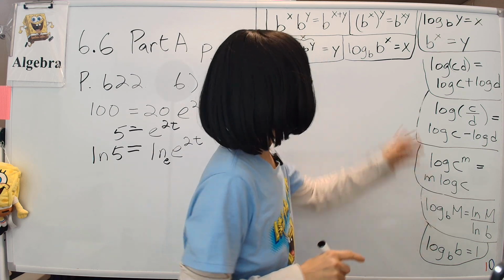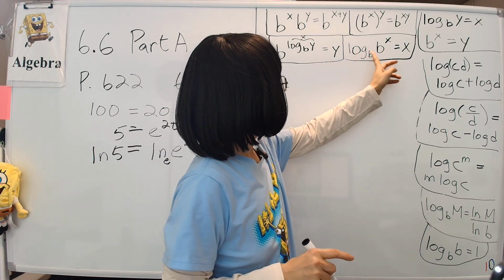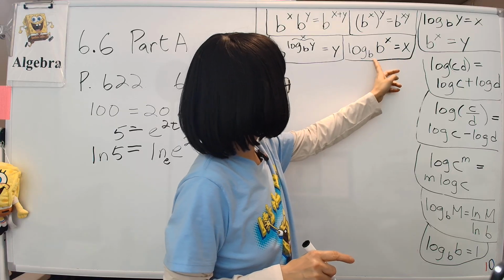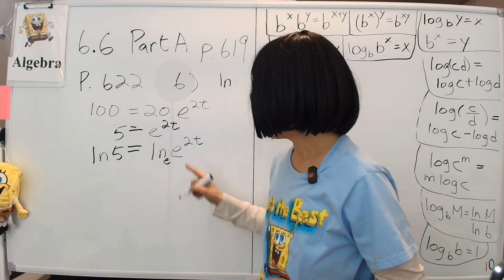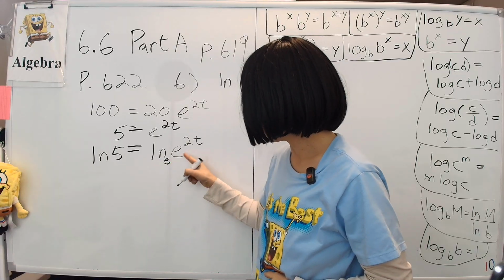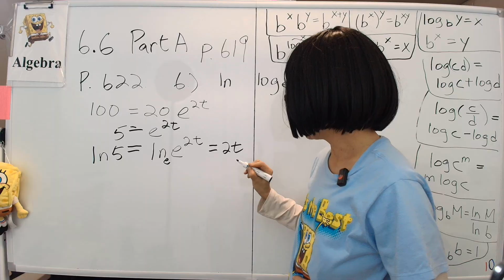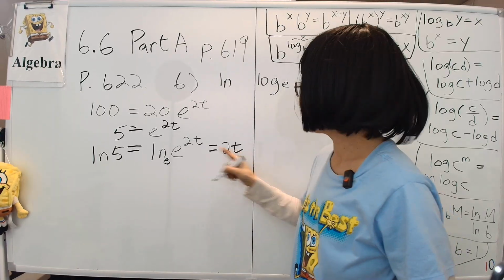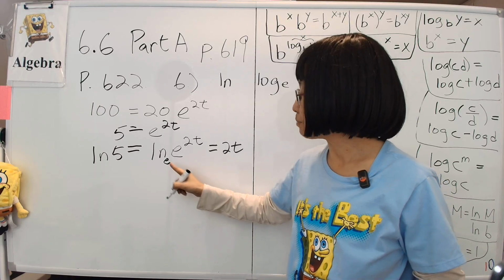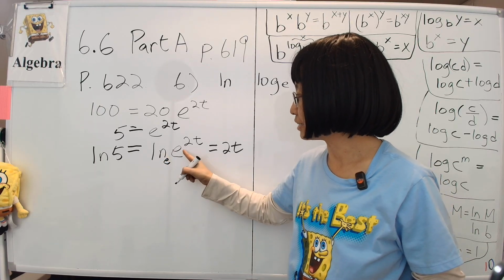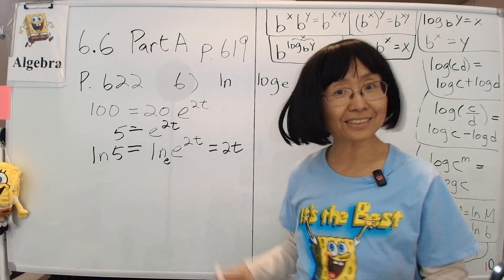If the bases are the same, the log base b of b to the power x is x itself. In other words, this is the same as 2t. That is the fantastic trick. That's why we slap specifically the natural log, because there's an e here. The natural log and the e cancel out, since they're inverse functions, and you're left with just 2t.